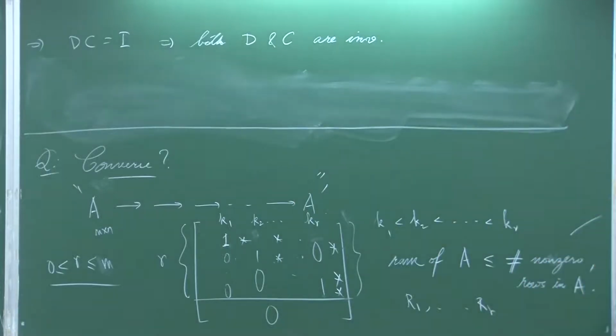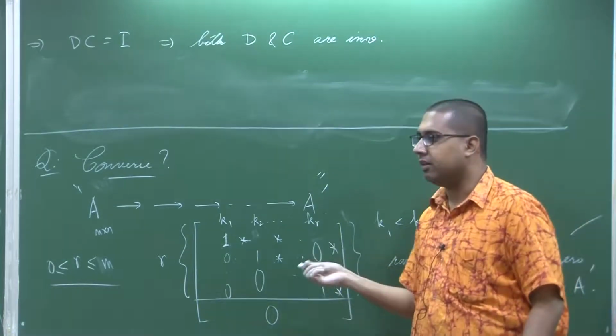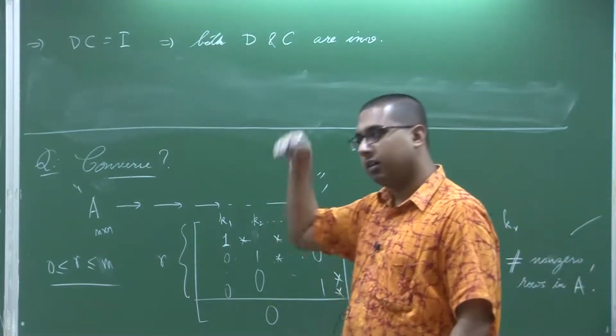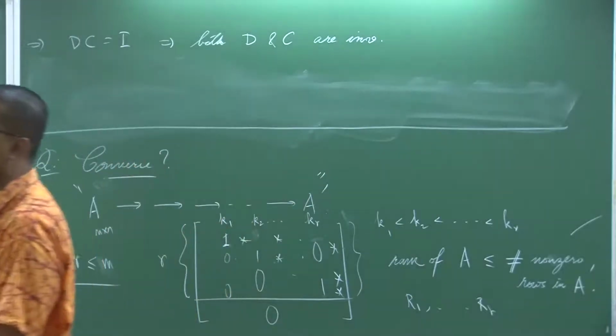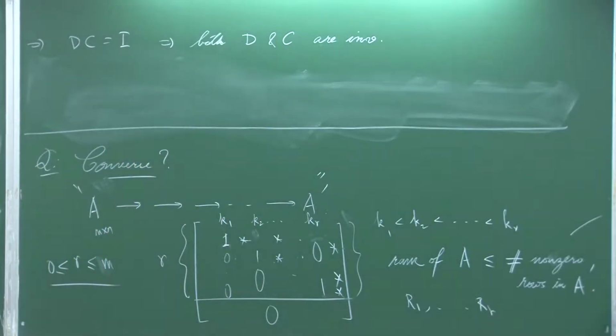Similarly, in the case of the row space, those scalars themselves will give us the coordinates other than these kj's.